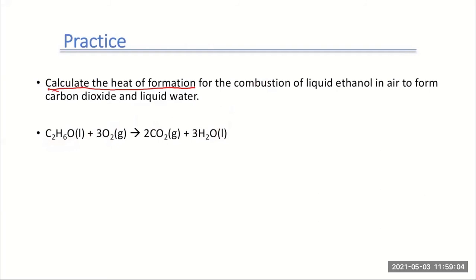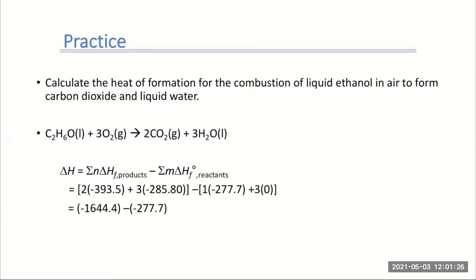So since we need to calculate heat of formation, that's when we're going to use our delta H equals the sum of the delta H's for the products minus the sum of the delta H's for the reactants. So once we look at these delta H's, you should end up with, for carbon dioxide, minus 393.5 kilojoules.